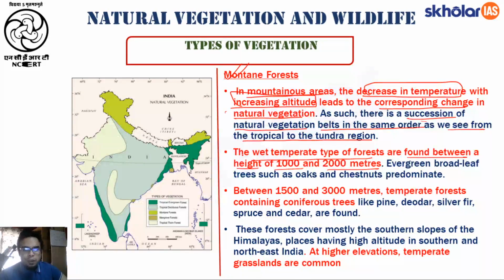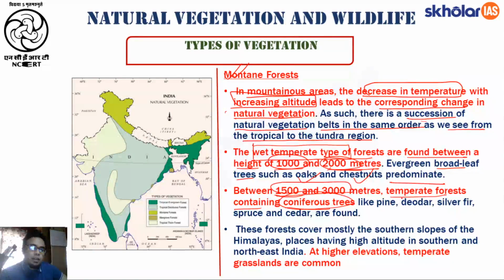Then between the height of 1000 to 2000, as your temperature decreases, we will see the presence of wet temperate type of forest, right? Evergreen broadleaf trees such as oaks and chestnuts are predominant in this area. Then between 1500 to 3000 meters, again, as the temperature decreases, we will get temperate forest containing coniferous trees.